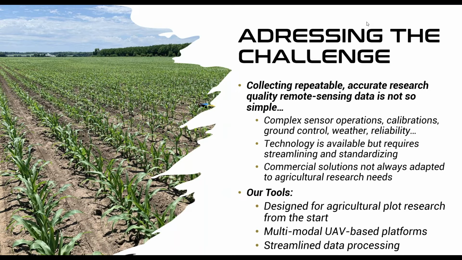Weather is often a very large factor, and then just system reliability. All of this technology is out there and it's available, but oftentimes it's not easy for a user to actually go out in the field and collect this data, come back, process it, and get what they need out of it. And a lot of the commercial solutions you see for the agriculture market are not always adapted to the high accuracy and precision needs that a lot of the plant breeders and researchers need.